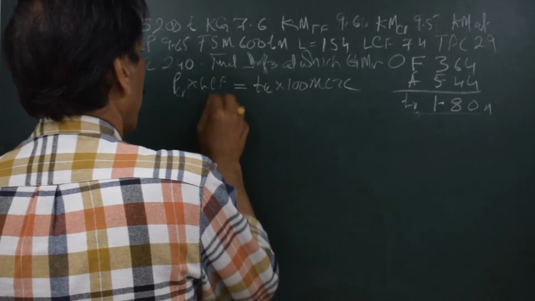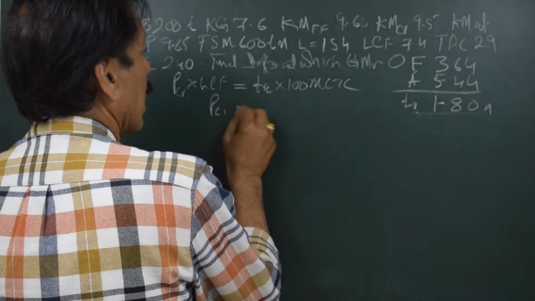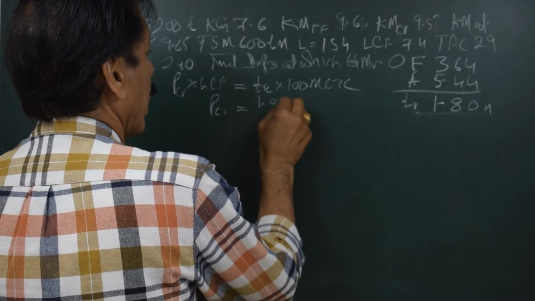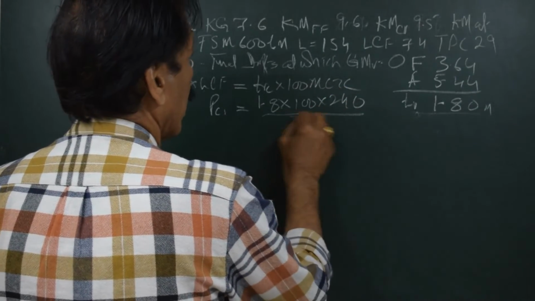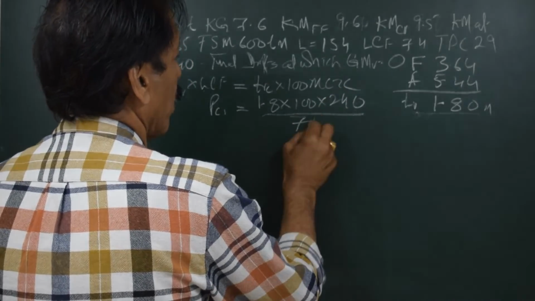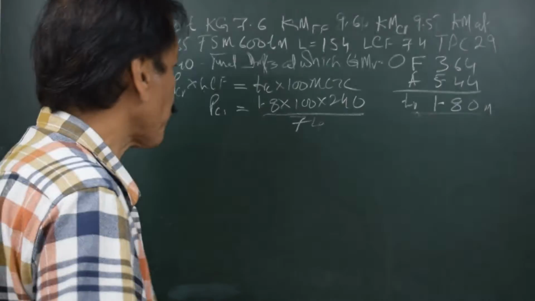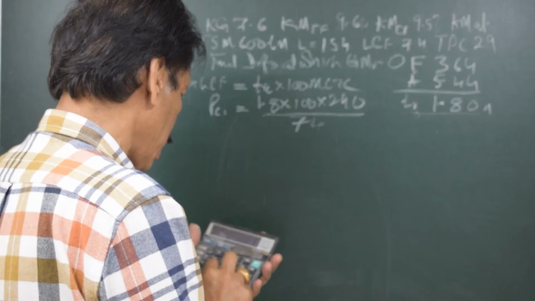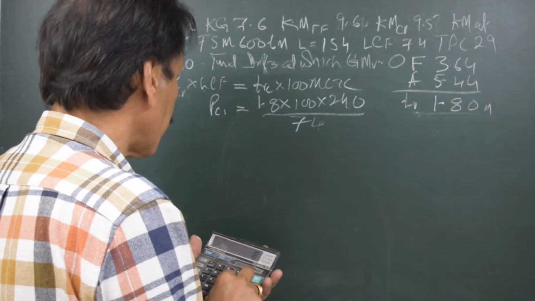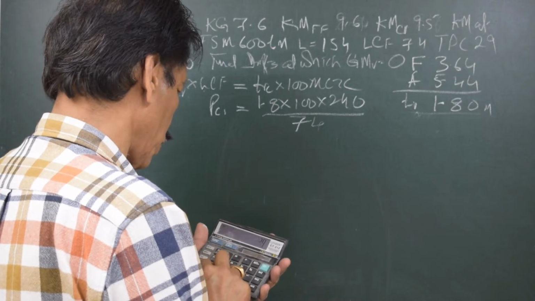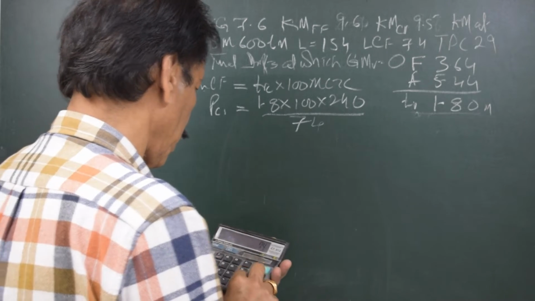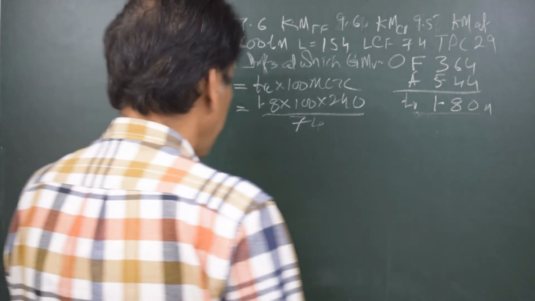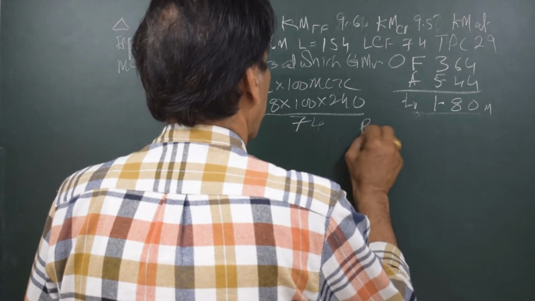So this will give P critical as 1.8 into 100 into 240 divided by 74, that is the LCF. So 1.8 into 240 divided by 74 gives me 583.8.